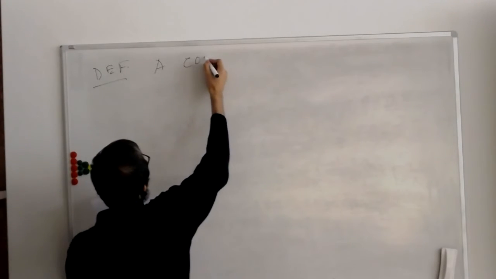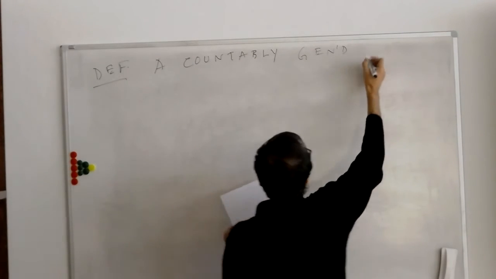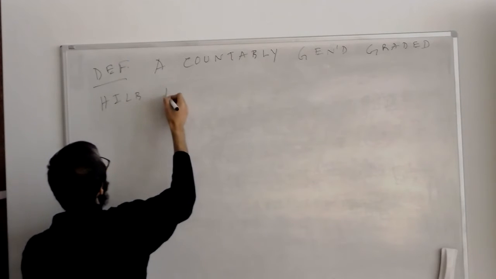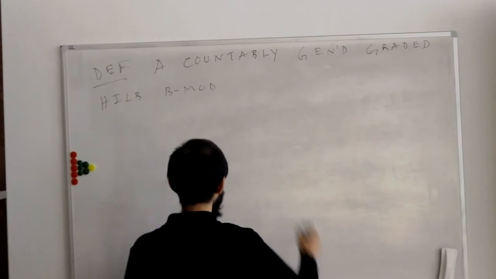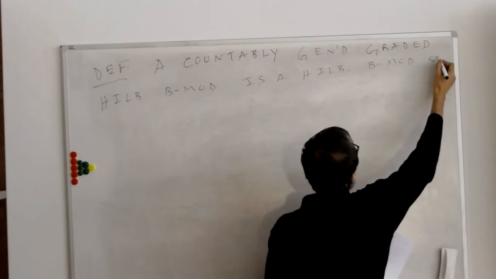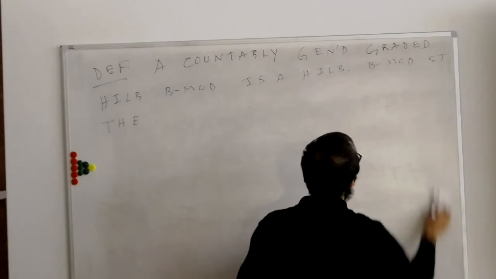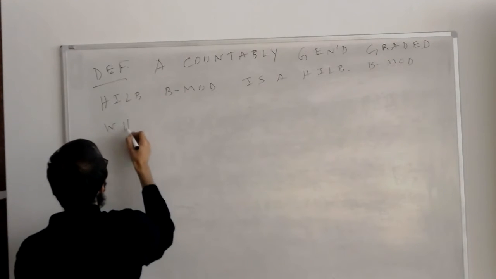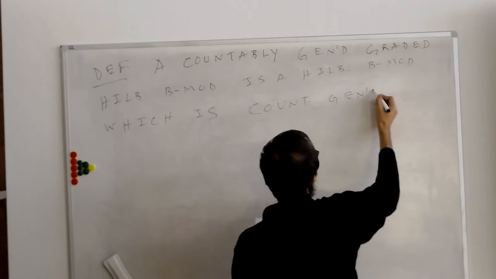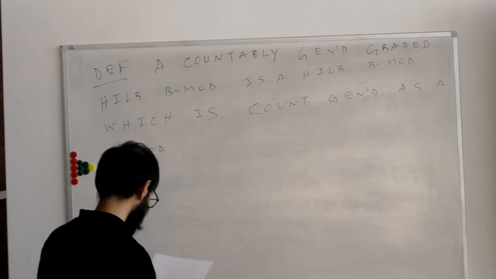A countably generated graded Hilbert B-module is a graded Hilbert B-module which is generated as a B-module by countably many elements. So the underlying B-module is just countably generated.